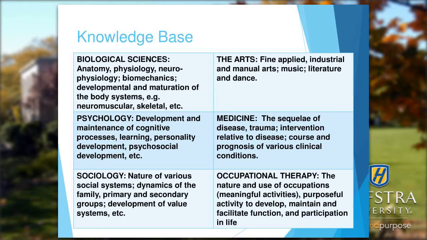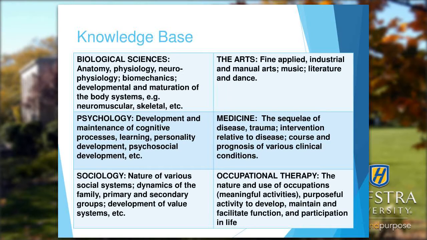So our knowledge base is pretty broad, and if anyone is interested in occupational therapy, they will often ask a question: why do I have to have courses in the biological sciences and psychology and in the arts?